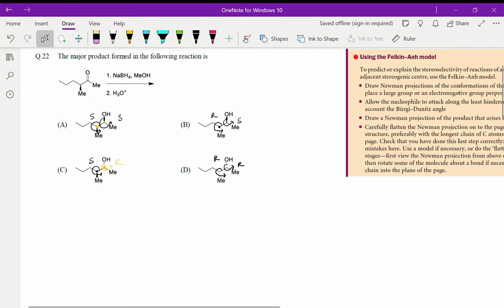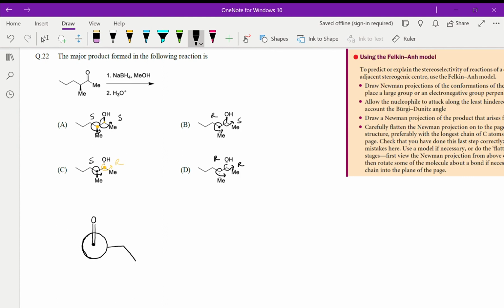Now let us use the Felkin model, and we will make a circle like this to indicate the carbon. The carbonyl group we will place like this, and the largest group or the most electronegative group will be perpendicular to this carbon.